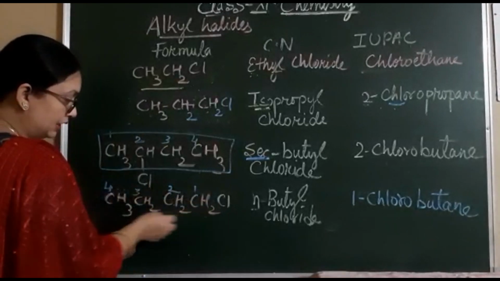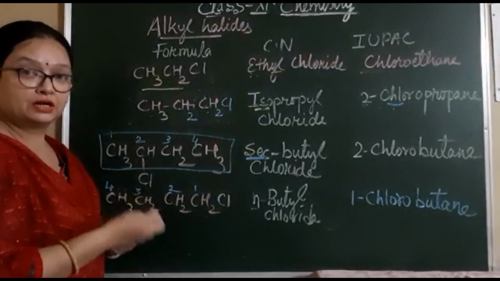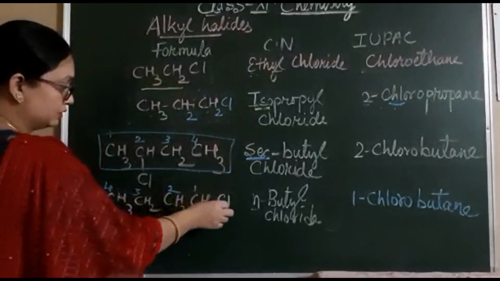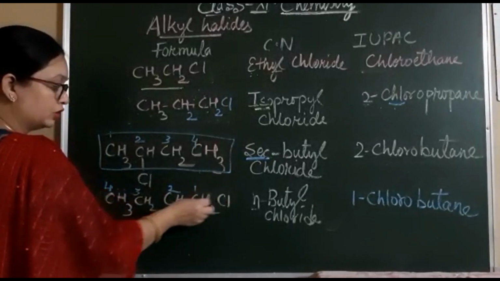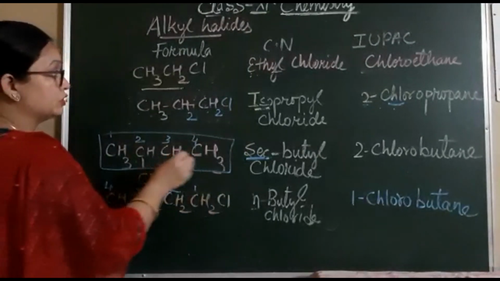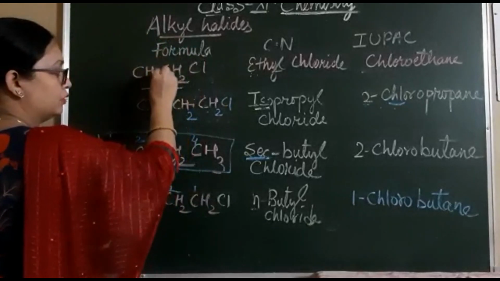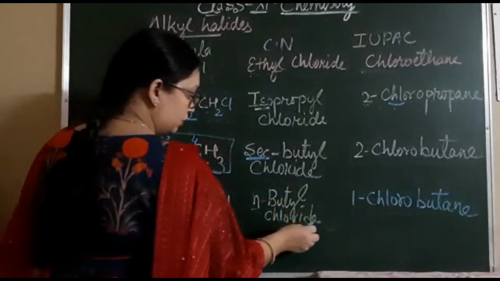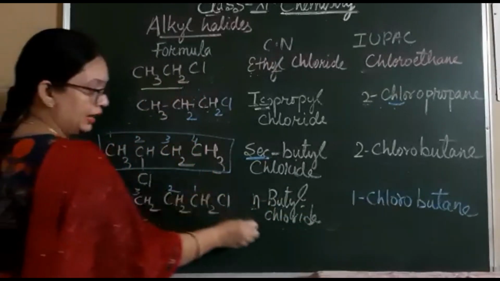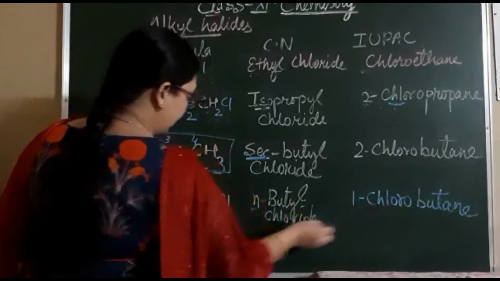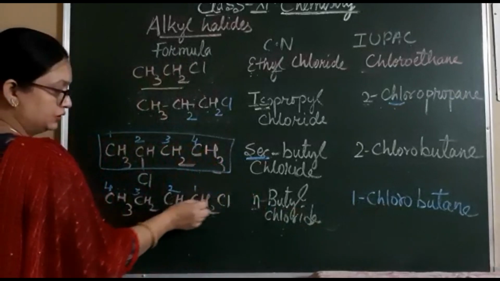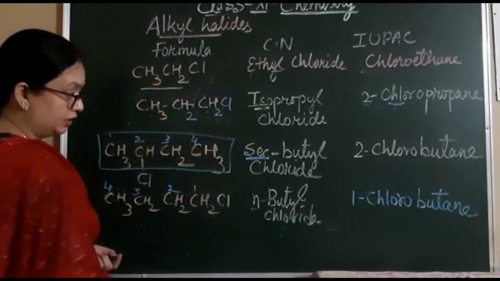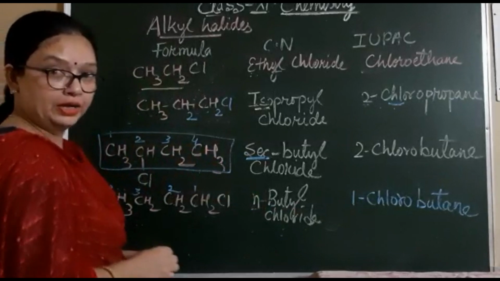You know this alkyl group's carbons can be arranged in different ways, and the halogen or the functional group can also change position, which is not possible with carbon numbers 1, 2 and 3. So it will be N-butyl chloride. If 5 carbons are there, N-pentyl chloride. And the IUPAC name for this one, the first carbon contains chlorine, so 1-chlorobutane.